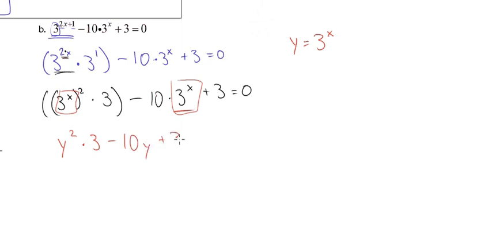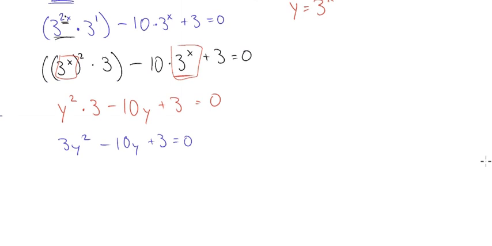plus 3 equals 0. All right, simplifying this out, we have 3y squared minus 10y plus 3 equals 0.